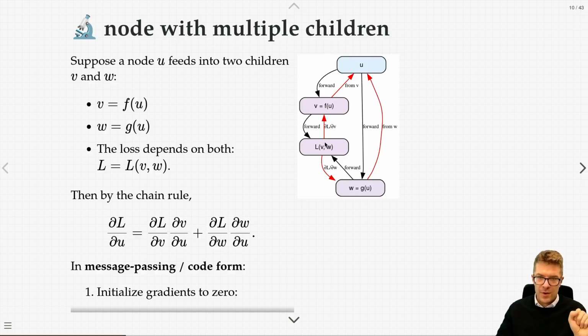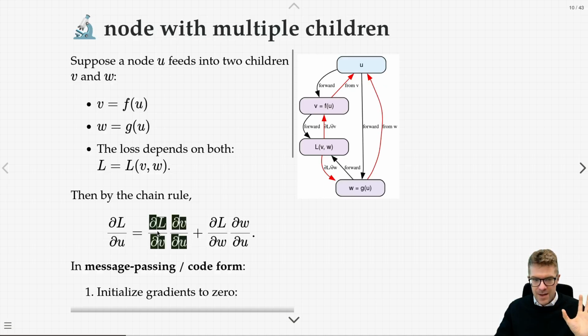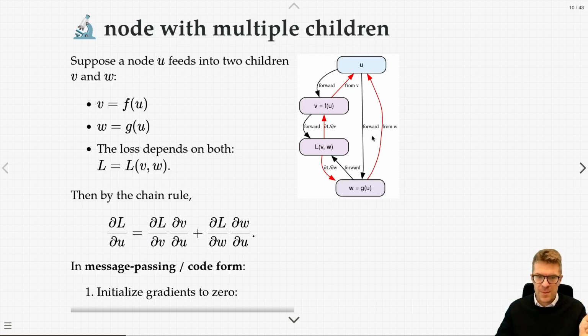We need the derivative through v, and we need the derivative through w. So we have the derivative of L with regards to v times the derivative of v with regards to u. That's going to give us one quantity, plus the derivative of L with regards to w times the derivative of w with regards to u. Both of these things together give us the overall derivative of L with regards to u in both of those directions.